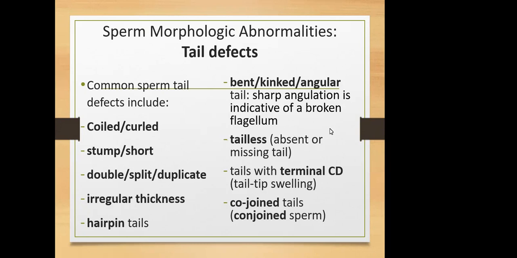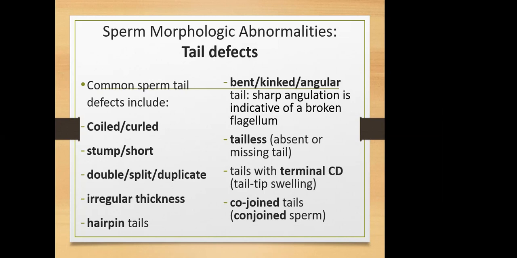You only have the, what do you call it, like a string without a head, and that we said is a variation of the pinhead. Tailless, there's no tail at all. So it means that you can also have a head without a tail. So tailless can be either a head defect or a tail defect. This is how I think it looks like.